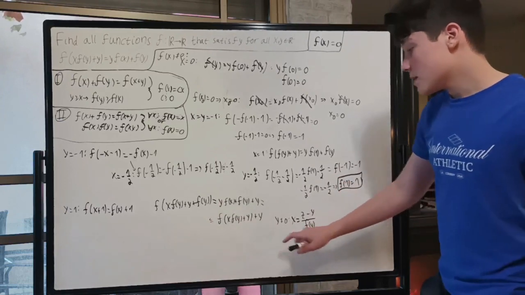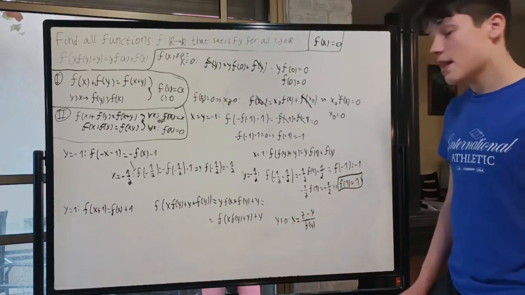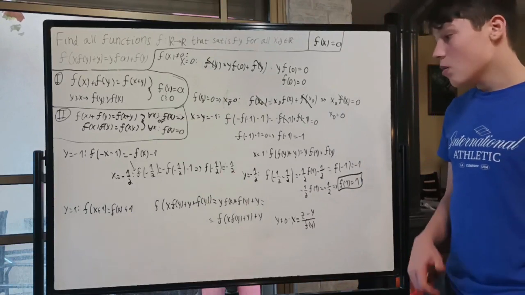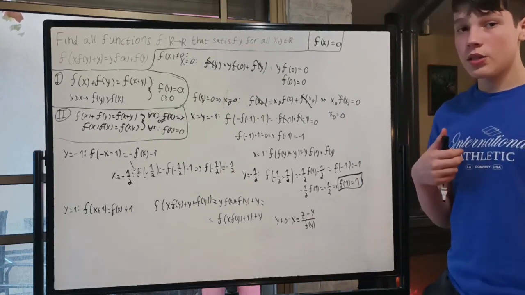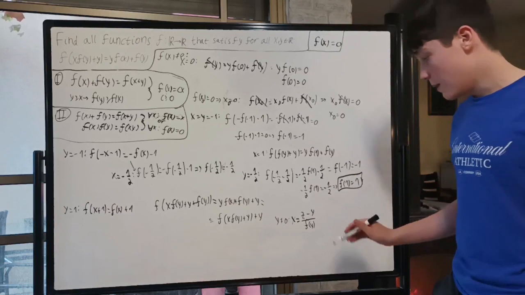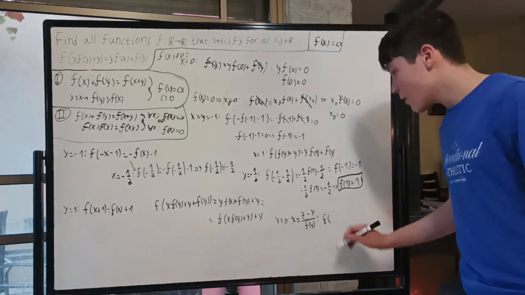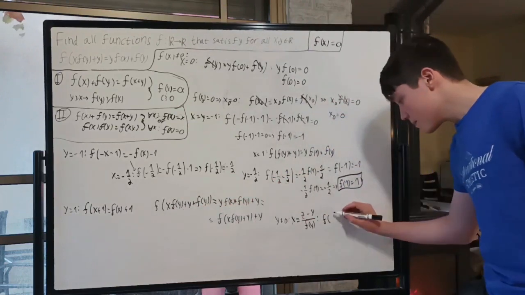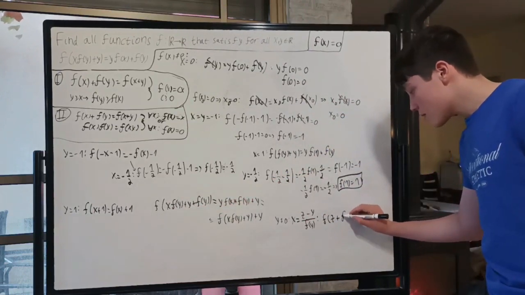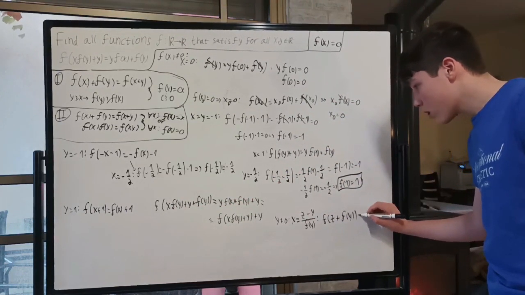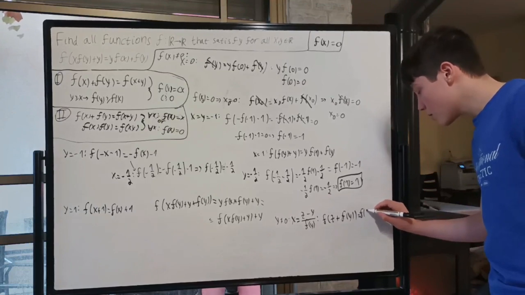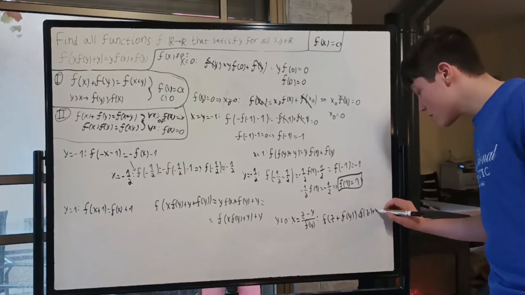If I place this back to the equation, notice that x f of y plus y will be exactly that arbitrary value that I picked as z. So from this I get f of z plus f of y is equal to f of z plus y.